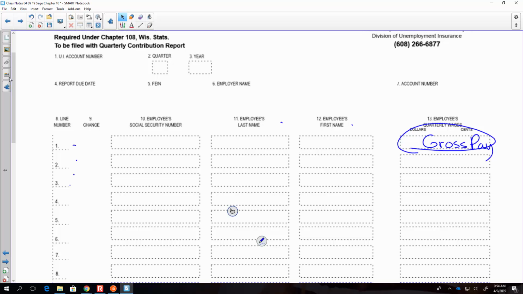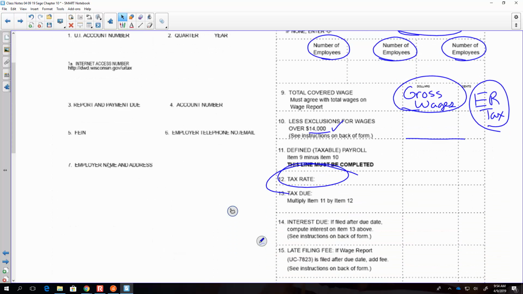And the state of Wisconsin also knows when the employee does what? When that employee reaches the 14, it automatically knows that. So it will put in their wages over the 14 in box 10.